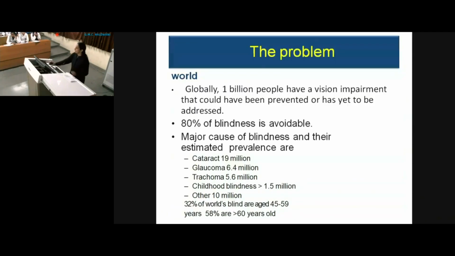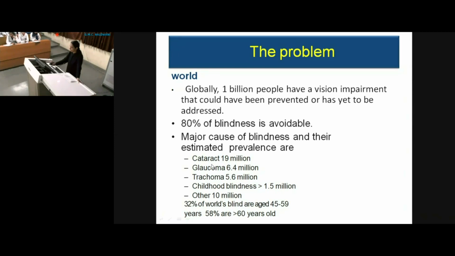Problem statement: globally we have 1 billion people with vision impairment, and much of this is preventable blindness. The question has been asked last time: enumerate the causes of avoidable blindness. That was a full question in your senior batch. So 80% of blindness is avoidable, and the major causes of blindness and their estimated prevalence are: number one, the maximum is cataract.